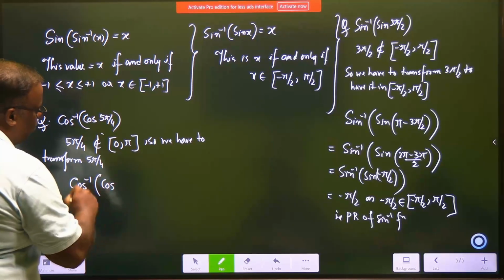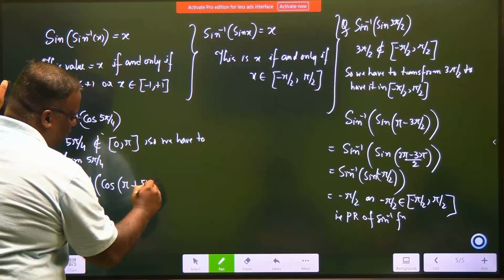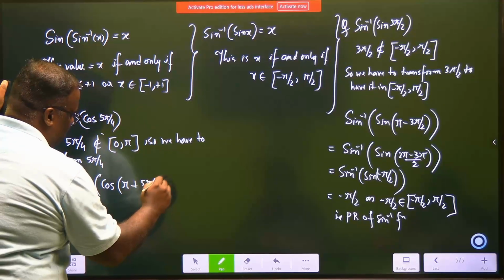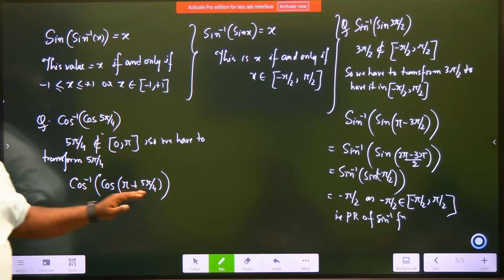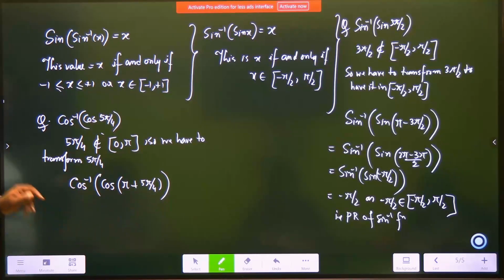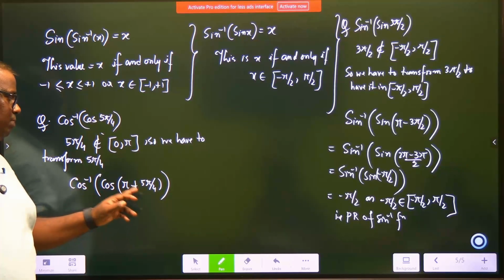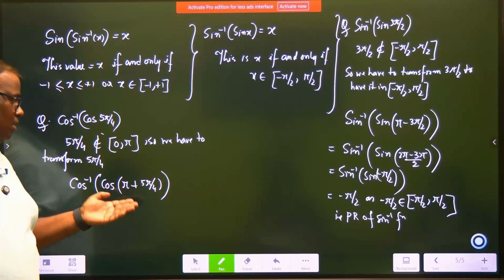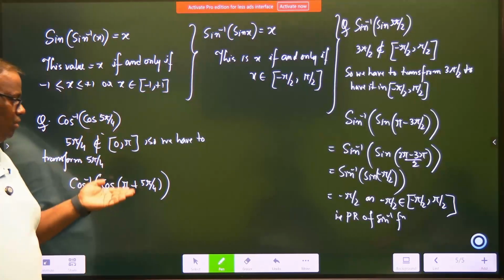So let's make it cos of pi plus 5 pi by 4. Do this step and don't proceed further. Check yourself. Pi plus 5 pi by 4.